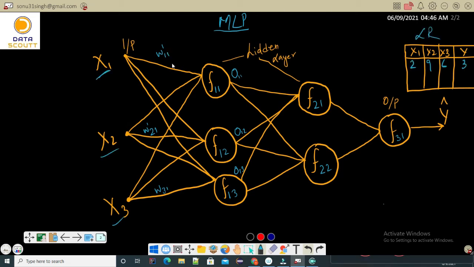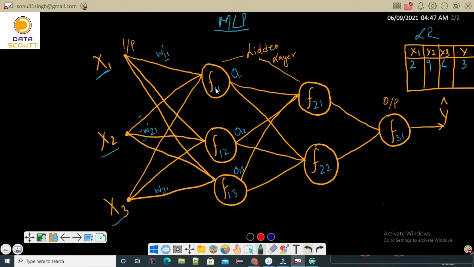So with these features, we have weight assigned for each and every neuron. I have not put the weight here, but you can understand like this. These are the similar weights. So like this W21, this, and this, all these three having this weight W21, which are getting connected to these hidden layer neurons. So these are the weights which are getting feed forwarded.